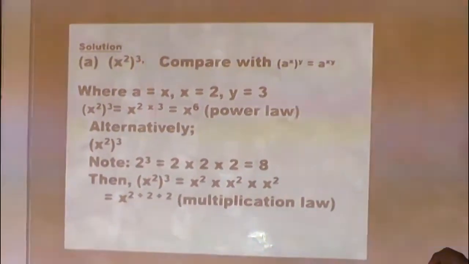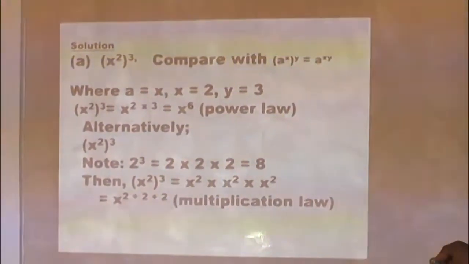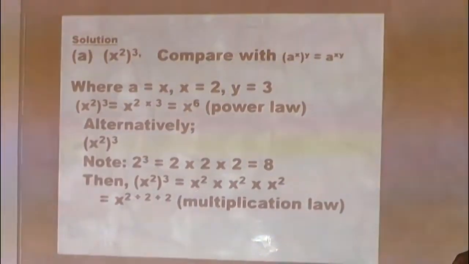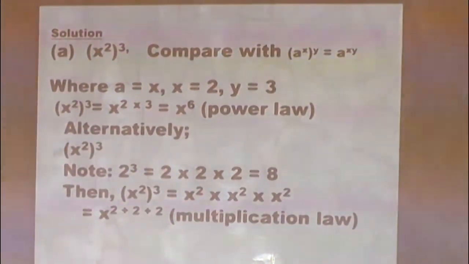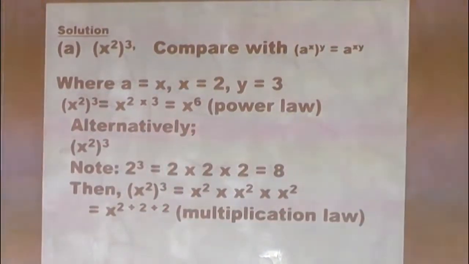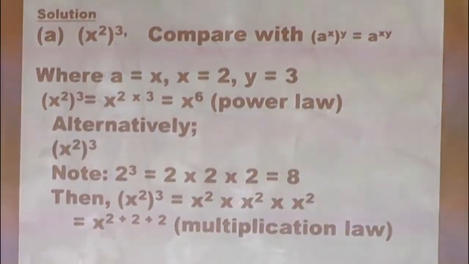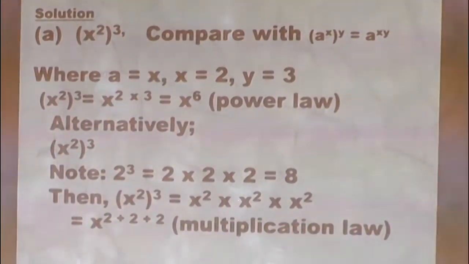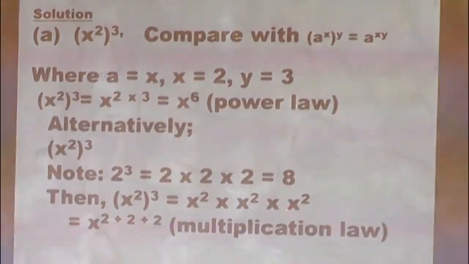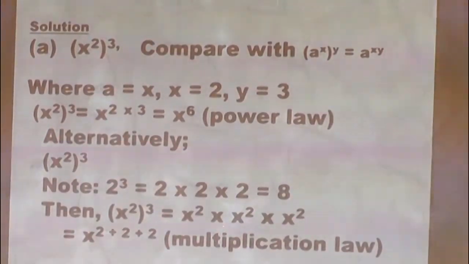And you agree with me that if you take this back to the multiplication law, where we said if you are given x raised to the power of 2 and another x raised to the power of 2 linked together by a multiplication sign, we pick one base and write it as x here.